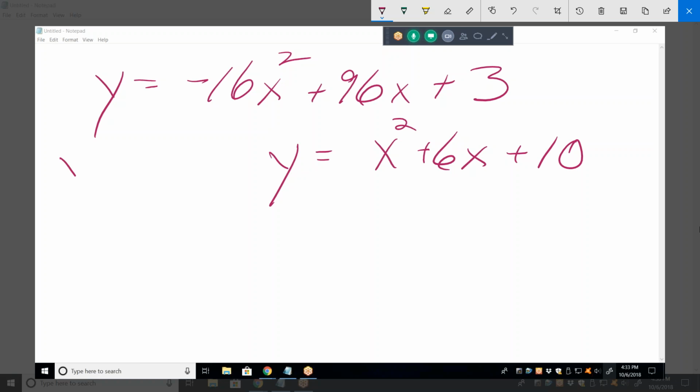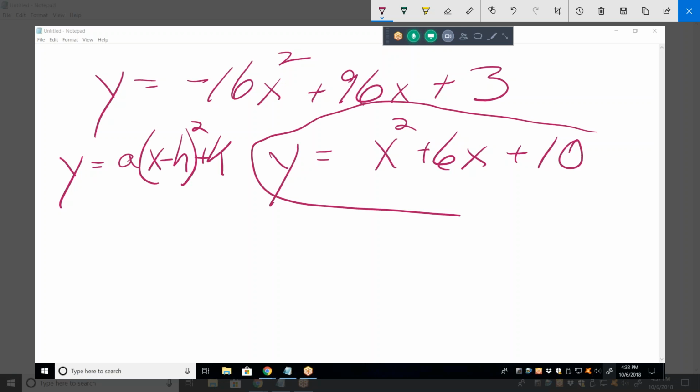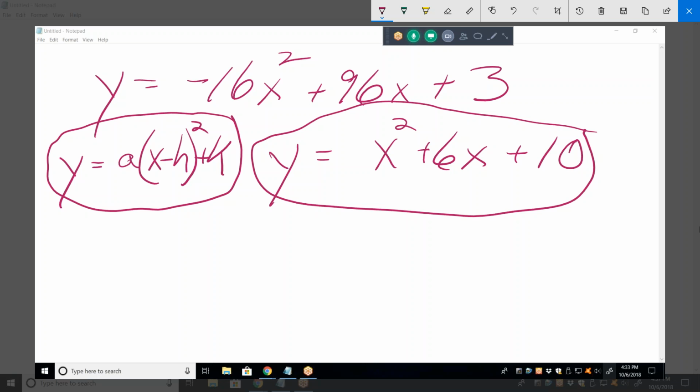Vertex format is this: y equals a times (x minus h) squared plus k. In other words, if I can get this function into this kind of a format, then I will know precisely what h and k are, which is the vertex, which is the most important part of a quadratic.